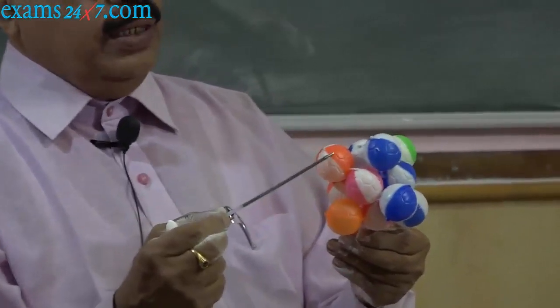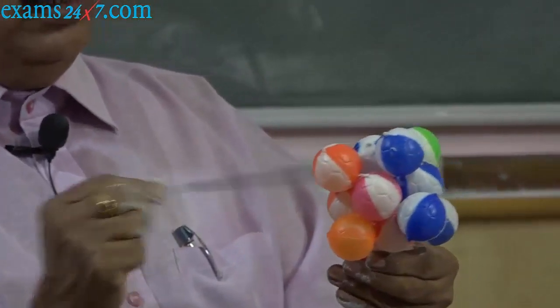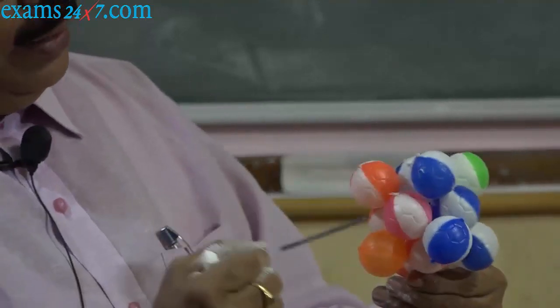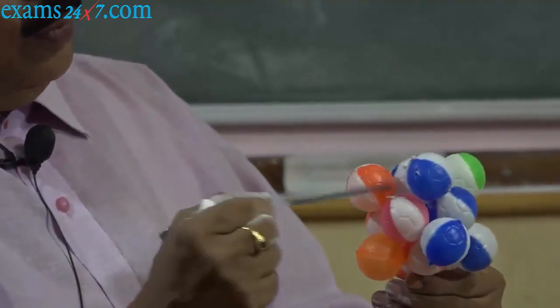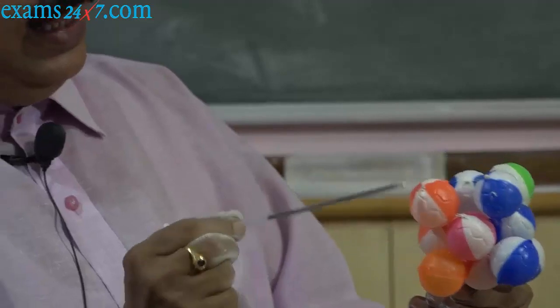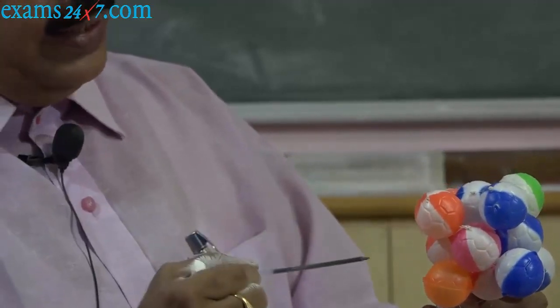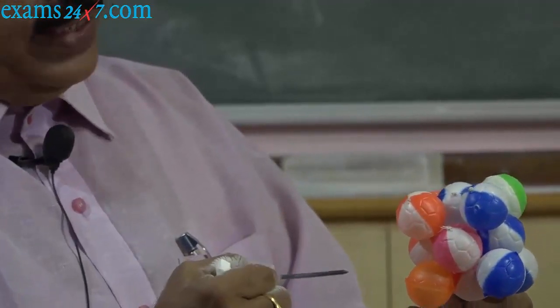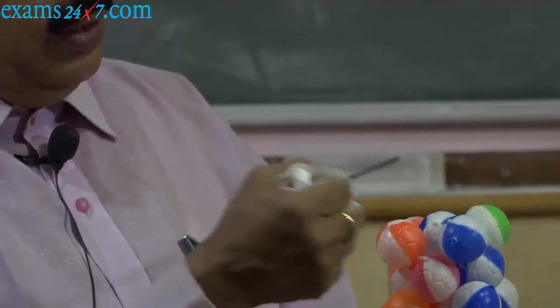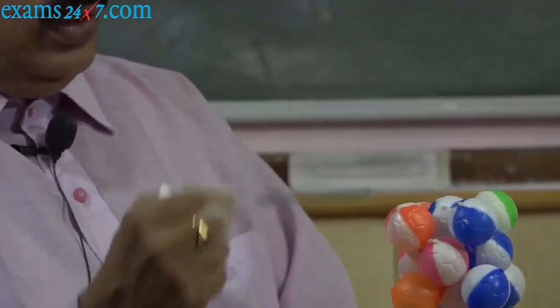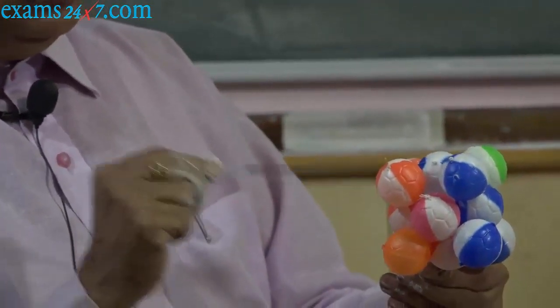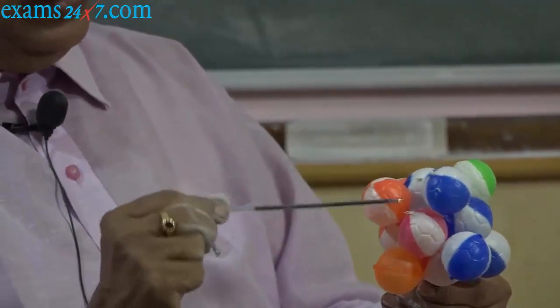This is the corner particle. There are 3 edge centers, 1, 2, 3 neighboring. These are far off. Likewise, one edge center here, one more unit cell here, and one more unit cell here, one more cell up. So 3 more edge centers are possible. Totally this is surrounded by 6 octahedron voids.